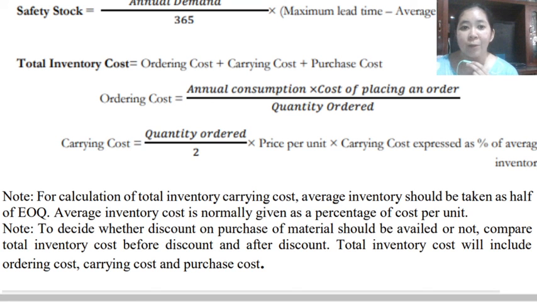To decide whether a discount on purchase of material should be availed or not, compare the total inventory cost before the discount and after the discount. Normally in purchasing inventory, if the entity purchases in bulk, the supplier may provide discounts, or if the entity can pay within the discount period, they can avail of such.